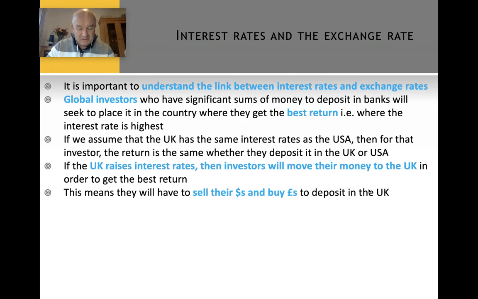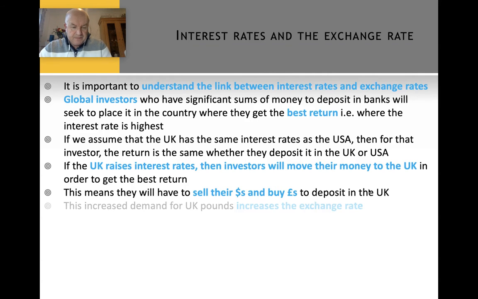In order to do that, if they were US investors, they'd need to sell their dollars and buy pounds in order to make a deposit into the UK. Now, that effectively means that there would be a greater demand for UK pounds. And because there's greater demand, that would essentially increase the exchange rate. So it would make the pound stronger in terms of its value relative to the dollar.